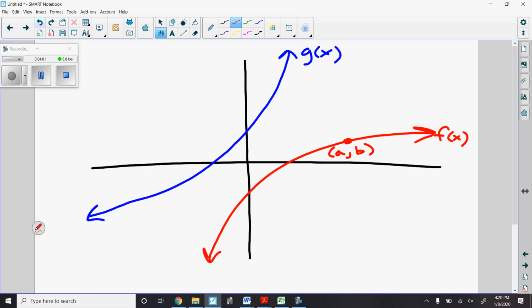That means there is a corresponding point on g of x that's just the reverse of those two. That means there's a point on g of x that has to be BA.